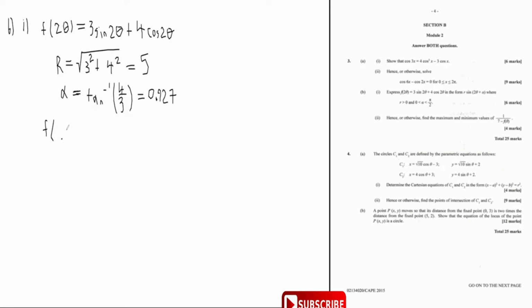F of 2 theta is equal to 5 sine 2 theta plus alpha, so it's 5 sine 2 theta plus 0.927. That's f of 2 theta. Nice and easy.